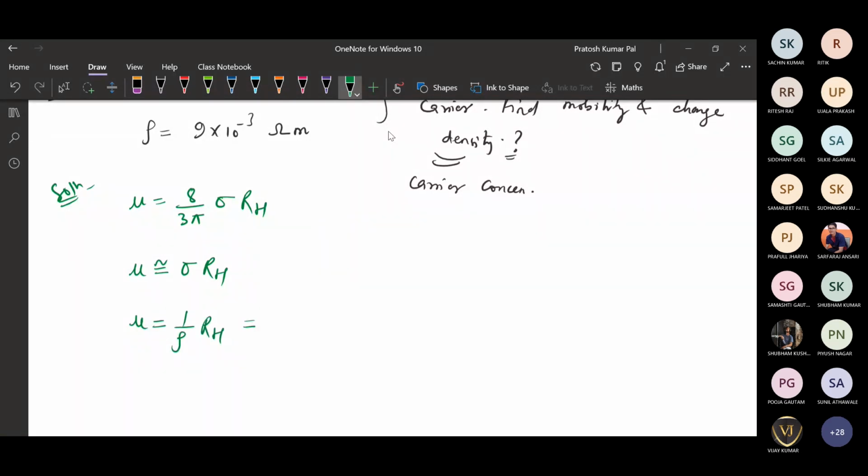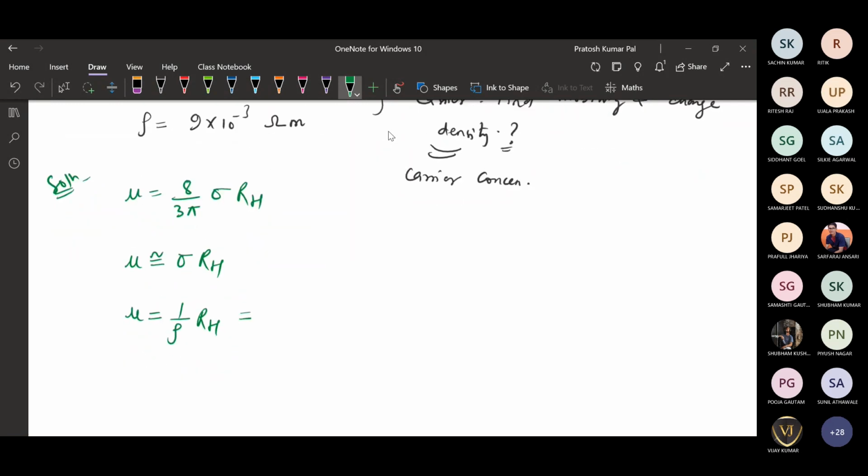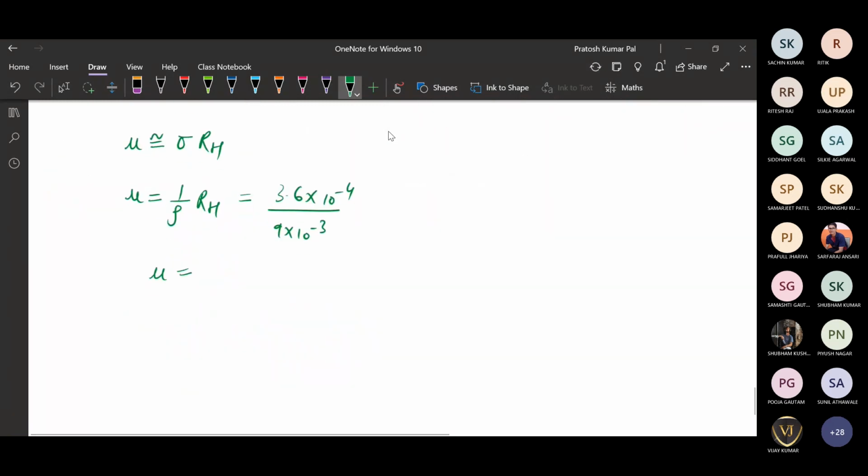So rho is given and the RH value is also given. By putting these two, we get 3.6 into 10 to the power minus 4 divided by 9 into 10 to the power minus 3. So from there we can find out the mobility. This mu is coming out to be 0.04 meter cube per volt second.